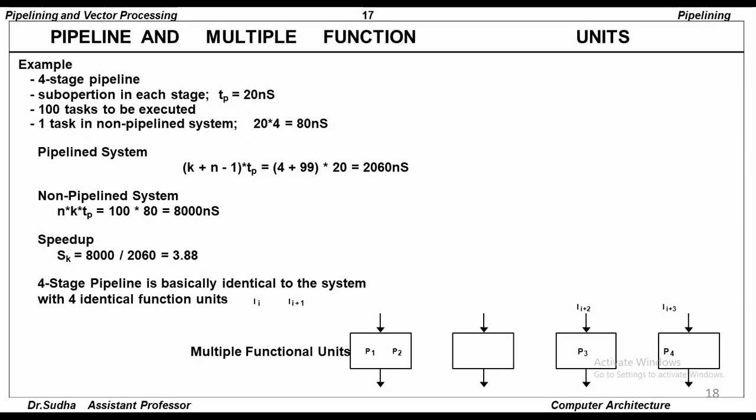We are assuming the tasks take the same time in the pipeline and non-pipeline circuit. tn equals k tp, so S equals k tp by tp, which equals k. This shows the theoretical maximum speedup that the pipeline can provide is k, where k is the number of segments in the pipeline.